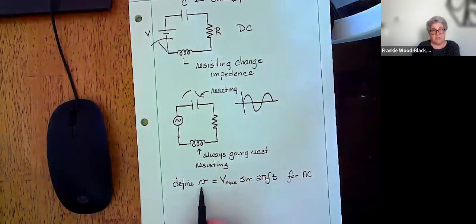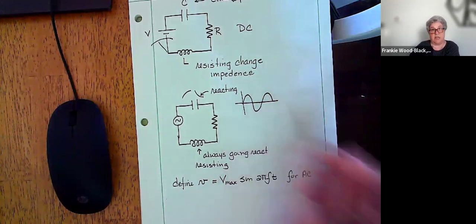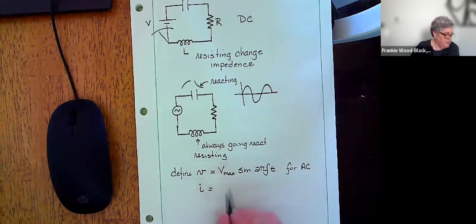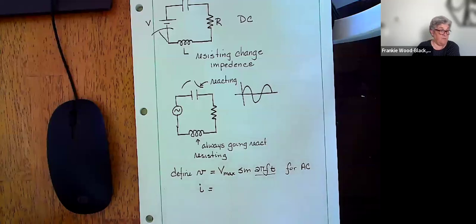Okay, because my voltage is going to vary because I've got this constant change going on. And we've seen this before. Well, if that changes, guess what happens? My current is also going to change. And my current is going to change related to that same frequency.